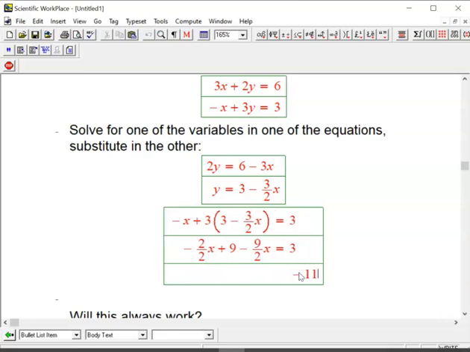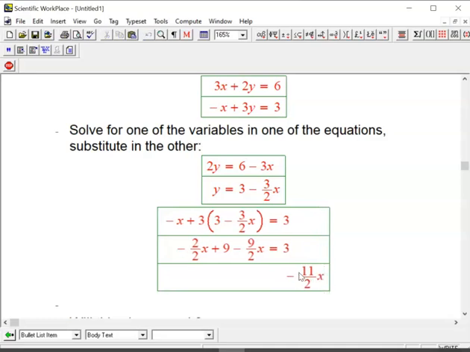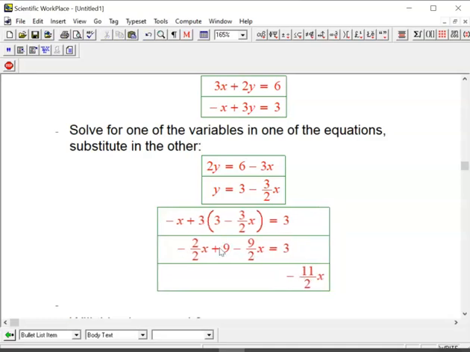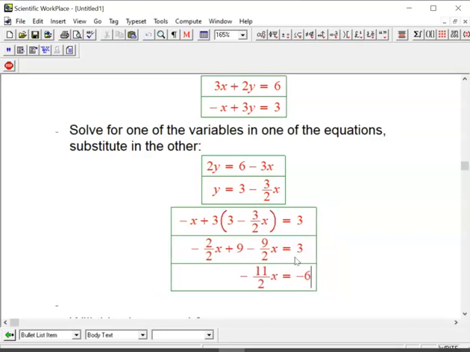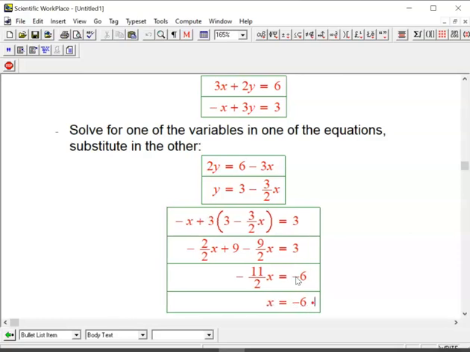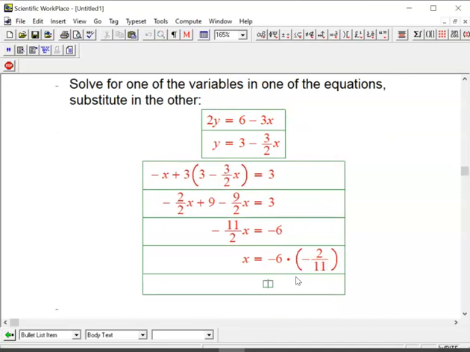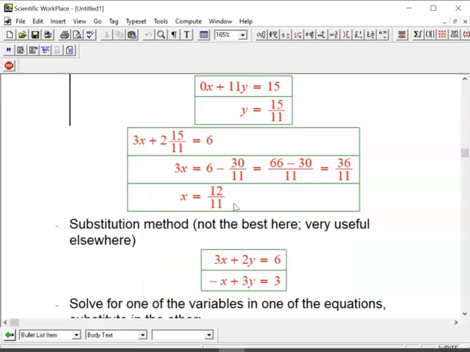So that's minus 11 halves x. Notice the 11 coming in. That's not super surprising. And then I can also subtract the 9. Okay. And now I'm going to multiply by minus 2/11. And the minus signs cancel, and I get 12/11 like I had before.